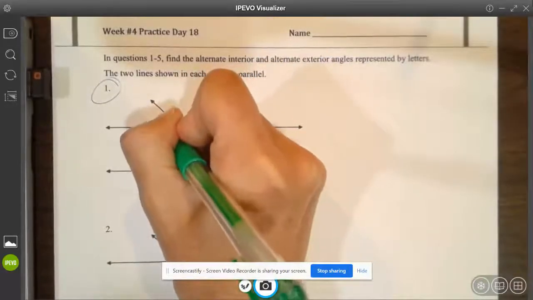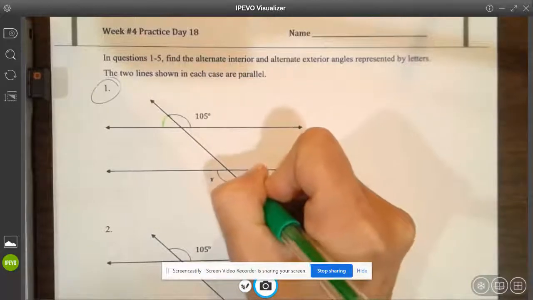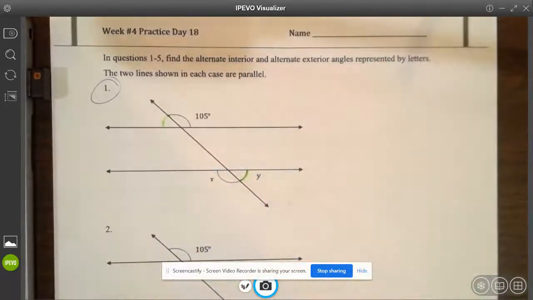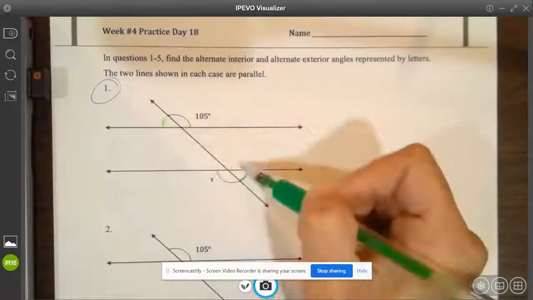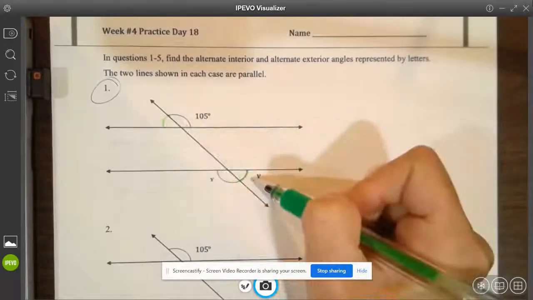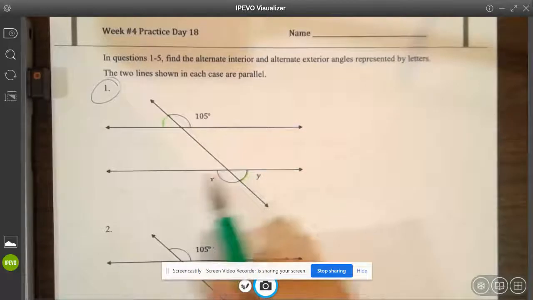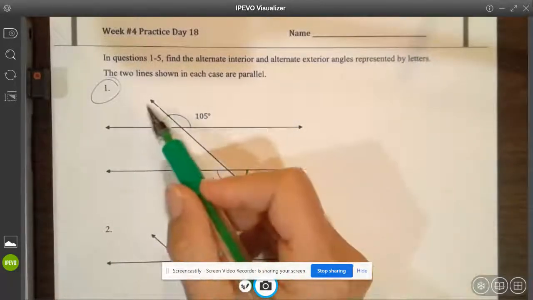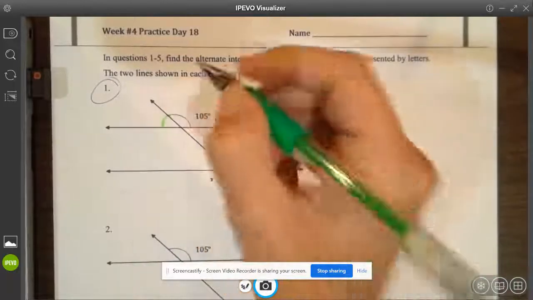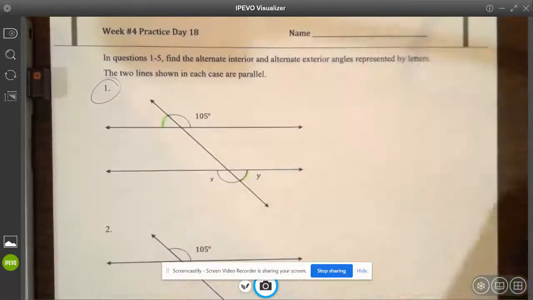So these two angles right here, this one and this one, are going to be congruent, meaning the same measurement, because they are alternate exterior angles. Notice that they're outside those two parallel lines. They're across from each other. So these two angles in green are alternate exterior.